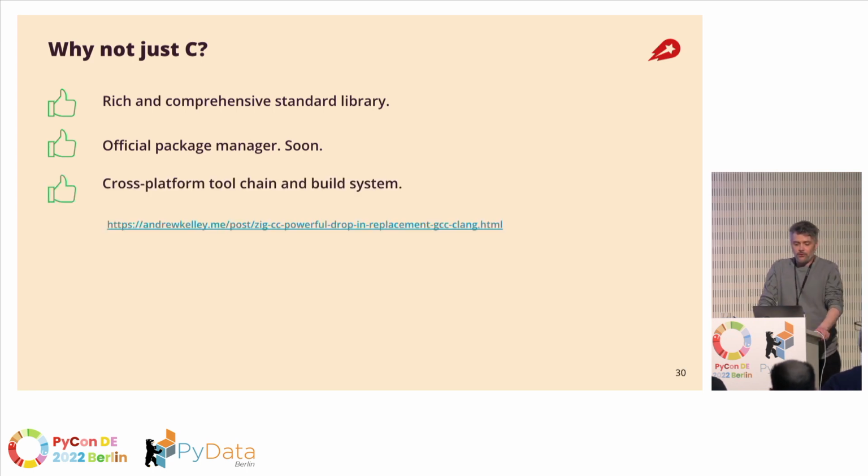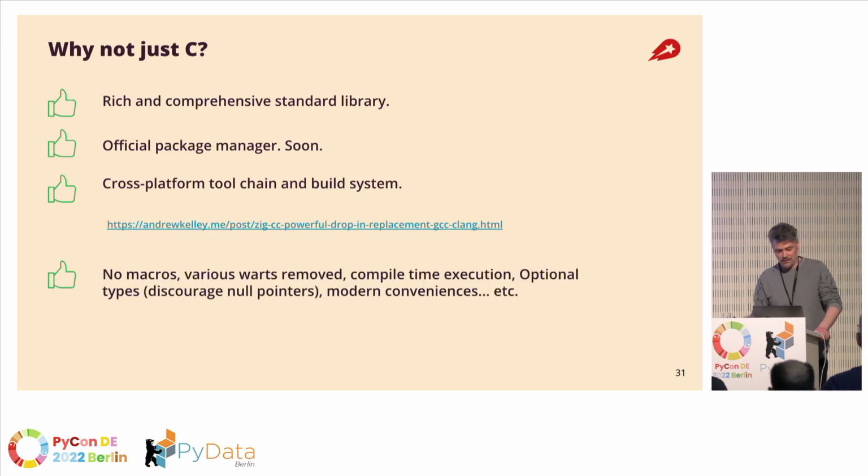It has a cross-platform toolchain and build system, so they take cross-platform building very seriously. This is an interesting post by Andrew Kelly, where he basically downloads the Windows version of Zig, runs it in Wine to compile a Linux binary, and then runs it. And finally, it has no macros.